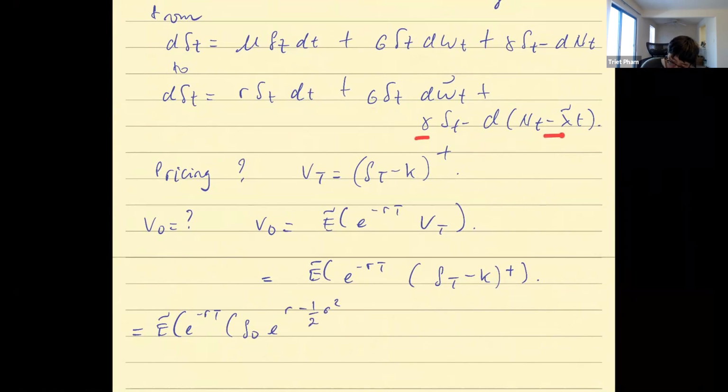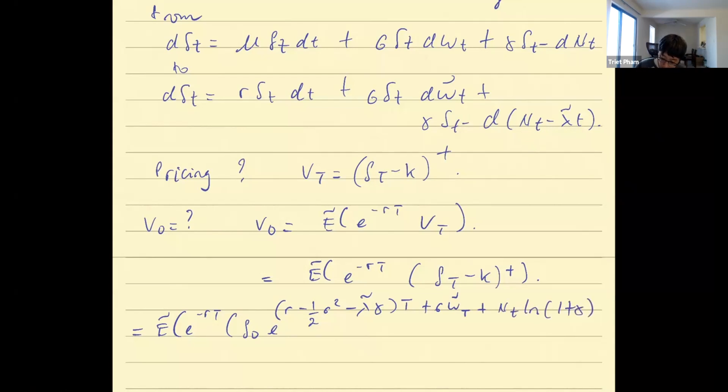And then I need to take care of this, so minus lambda tilde times gamma, that times T. Sigma W tilde T, that takes care of this. And then you still have the Poisson, which, if you remember, is going to be Nt times the log of 1 plus gamma. This whole caboodle minus K, plus. So that's what that is.